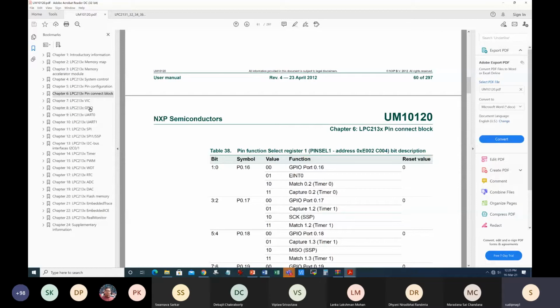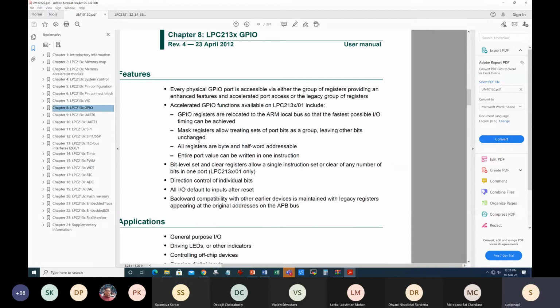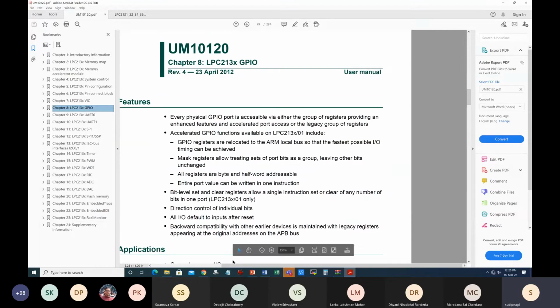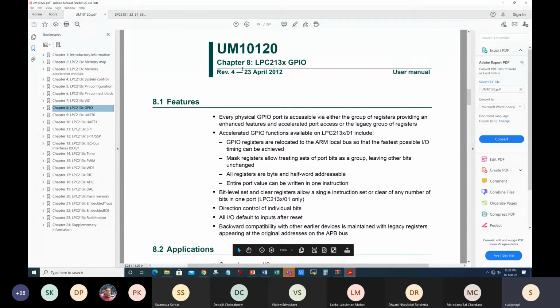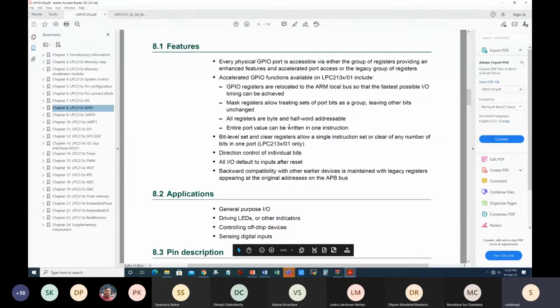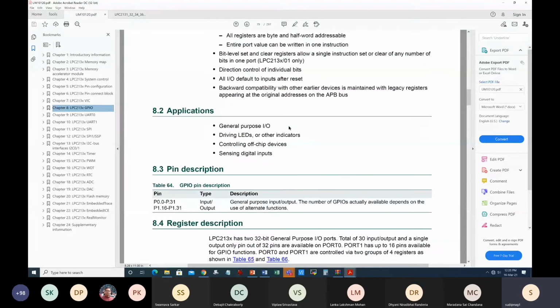Now coming to GPIO, I want to write 1 or 0 through this general purpose input output line. So what shall I do? GPIO is another chapter in the same document, and in this chapter we will learn how to configure these GPIO lines. GPIO lines could all be used as either input or output.